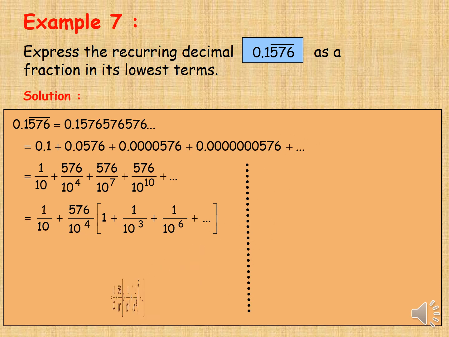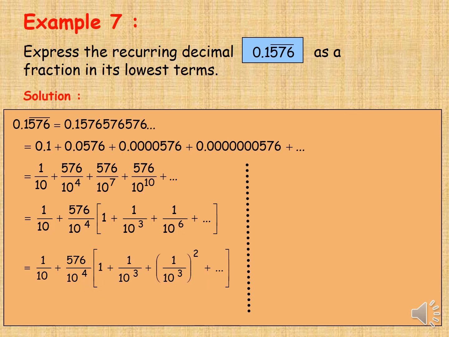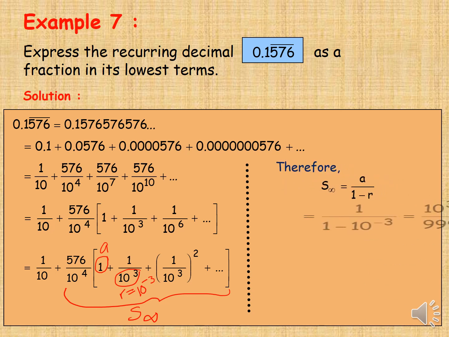So here we see the second term and so on is the infinite series, which is S infinity. Here we see a is equal to 1 and r is equal to 10 to the power of negative 3. Substitute a and r into S infinity. So the answer is 10 to the power of 3 over 999.